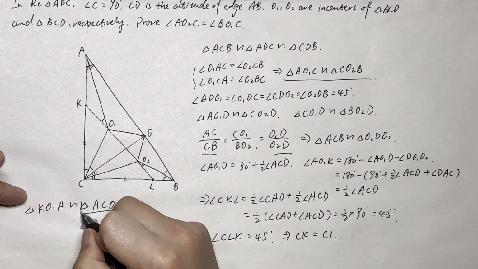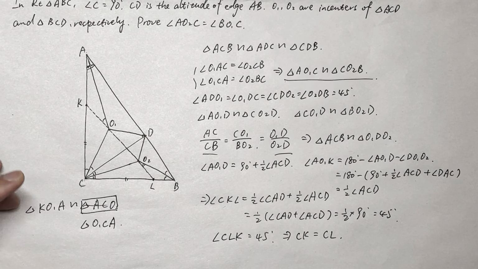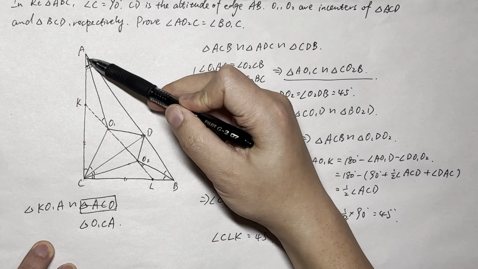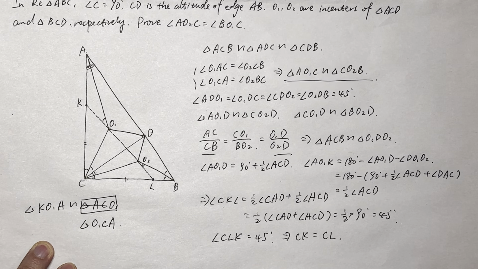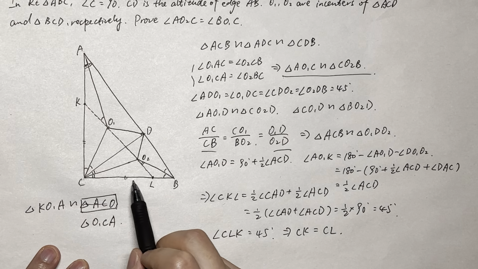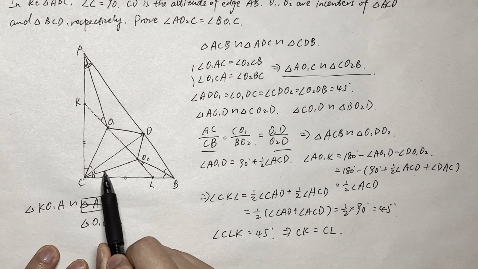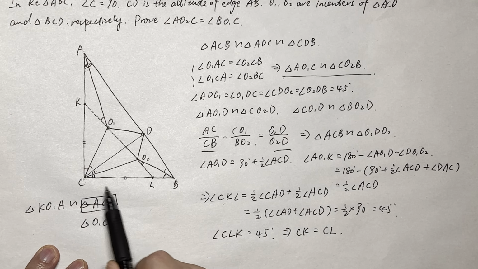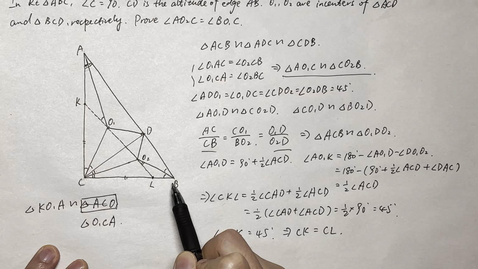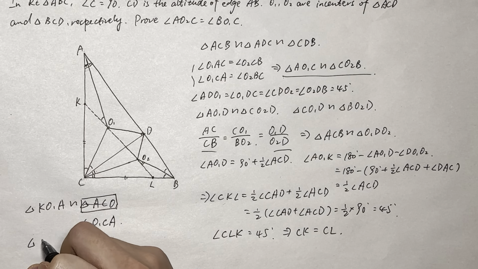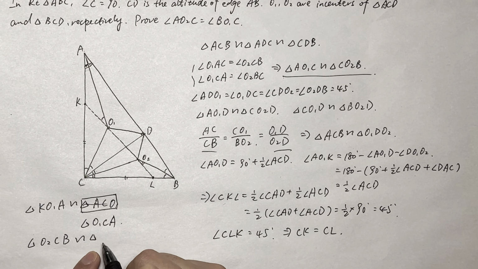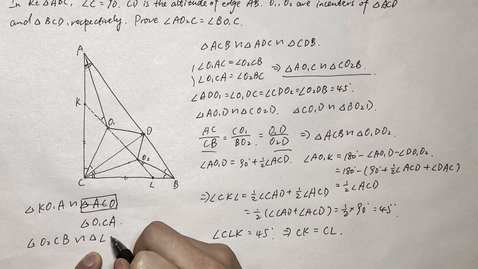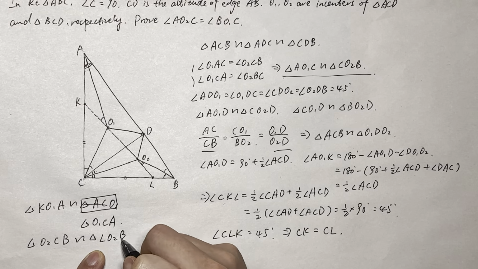That's a better representation. So these two triangles are similar, right? So same thing for here. This triangle O2CB is similar to triangle LO2B.